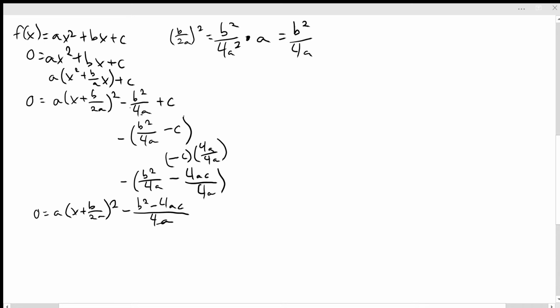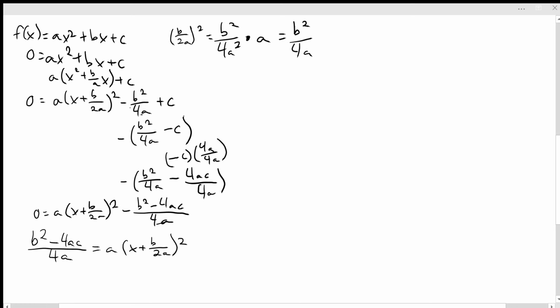So when we do that, we'll have b squared minus 4ac over 4a equals a times x plus b over 2a quantity squared. Next, we need to divide by a.